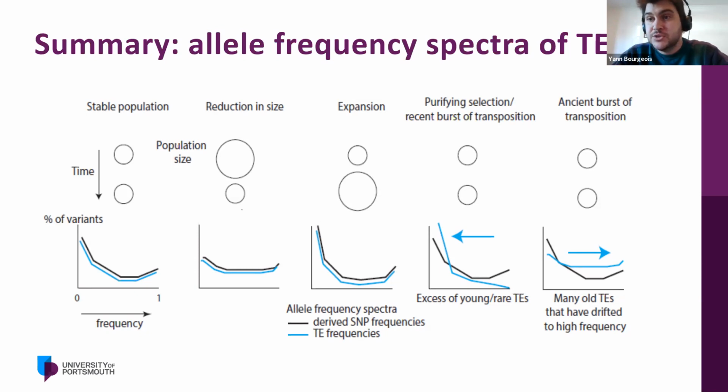And in that case, if the TEs are neutral, the shape of the spectra is mostly shaped by changes in population sizes and demographic changes over time. To simplify, this is what you would expect.